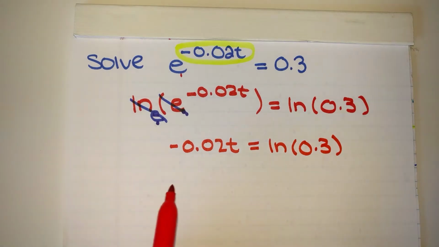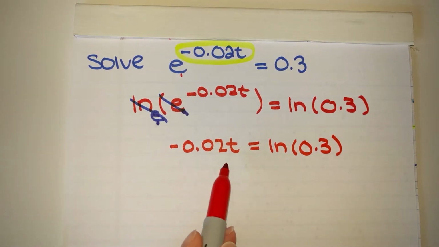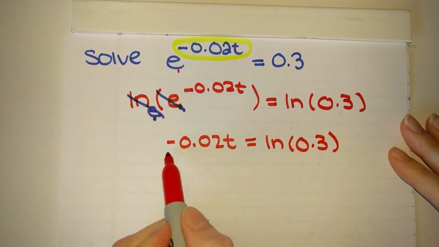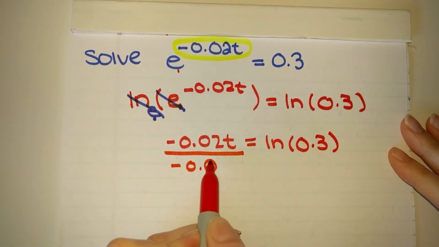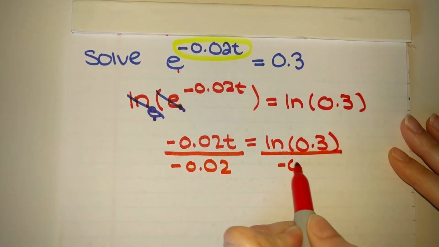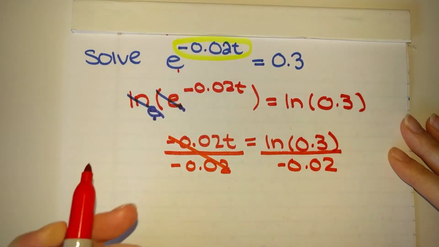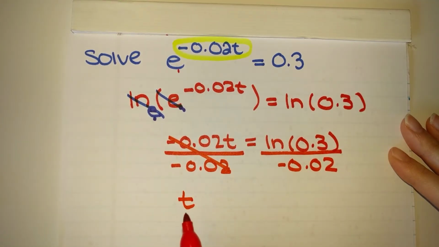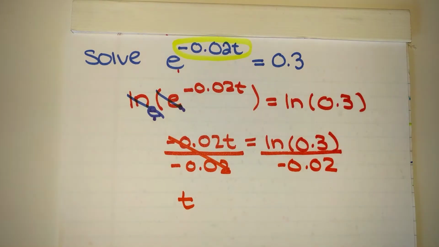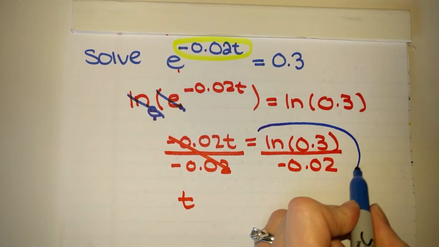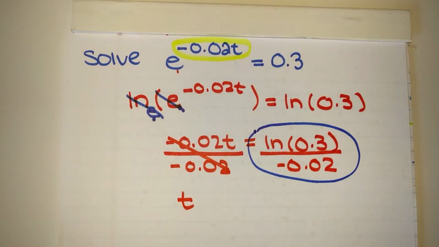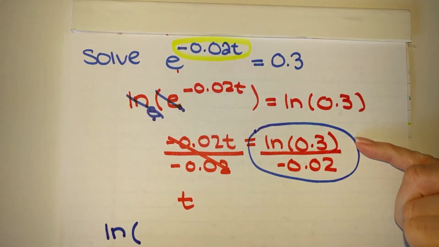That's an equation that we can solve. It's the same as if it was negative 0.02t equals 10, we would just divide by negative 0.02. So we'll divide both sides by negative 0.02. Do be careful when you type this in on your calculator, because we need to evaluate this expression, and we have to be very careful that we end the argument at 0.3.